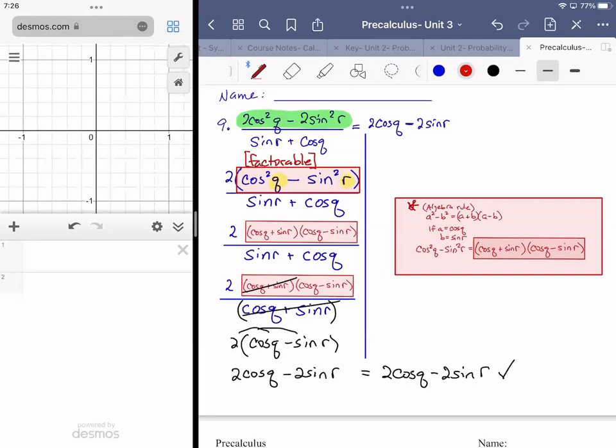All it was was applying an algebraic concept. But in doing so, we were able to take something that looked disgusting, the 2 cosine squared q minus 2 sine squared r over sine r plus cosine q, and simplify it down to just 2 cosine q minus 2 sine r.